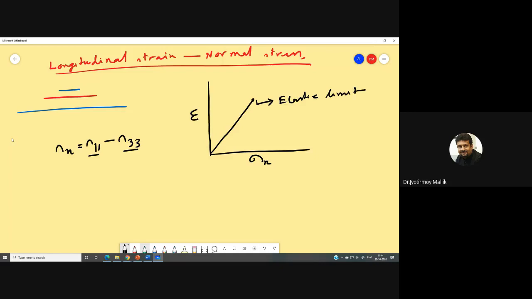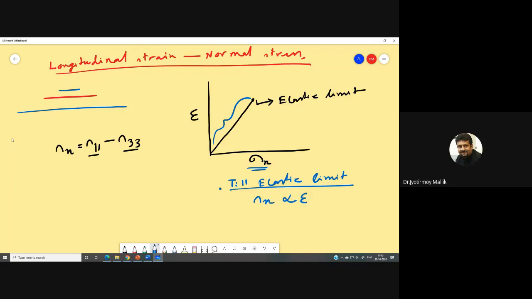This phase of the deformation is where stress varies linearly with strain. Remember, stress here means the differential stress. So the conditions are, till the elastic limit, sigma n will be directly proportional to epsilon.